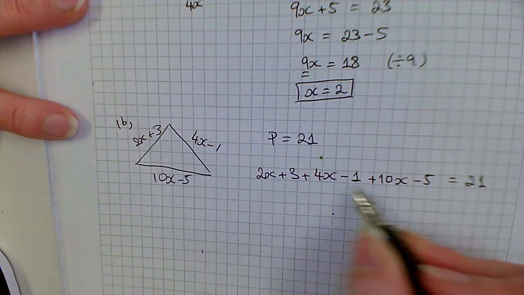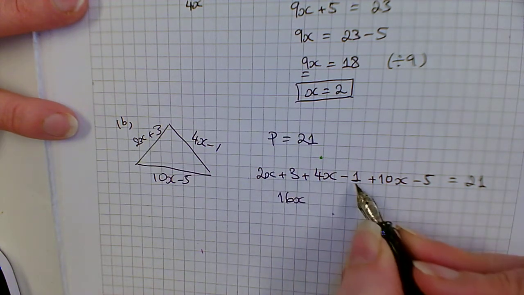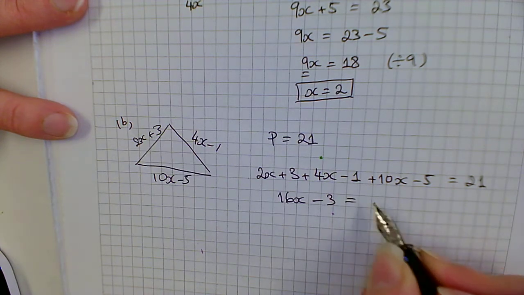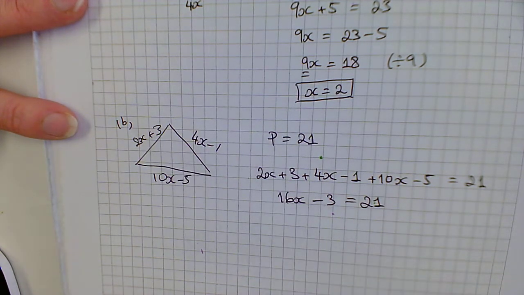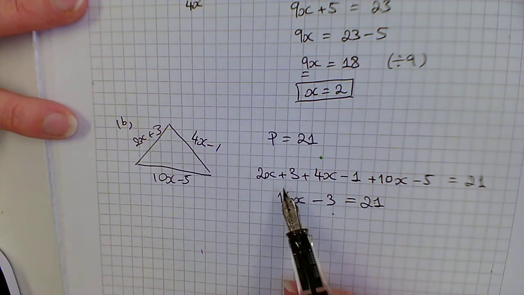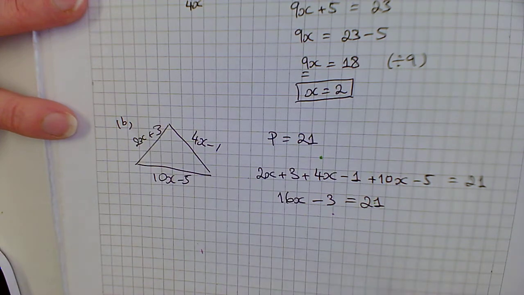2 plus 4 is 6, plus 10 is 16, 16x. 3 take 1 is 2. 2 take 5 is negative 3. Let me just double check that. So we had a 2. Yep, that's right.